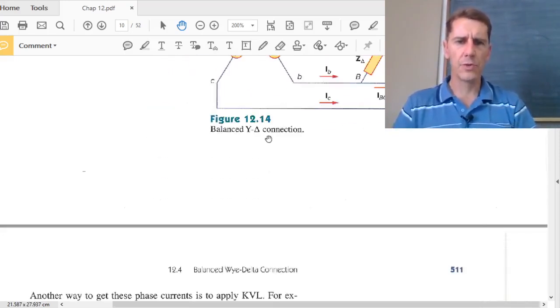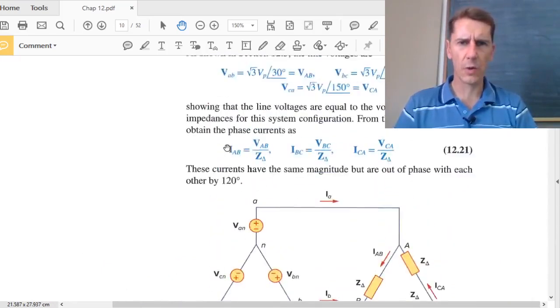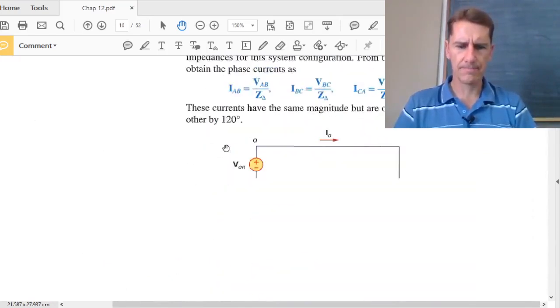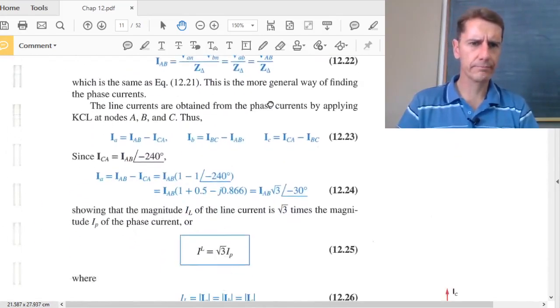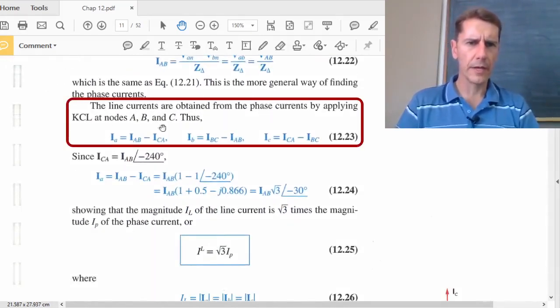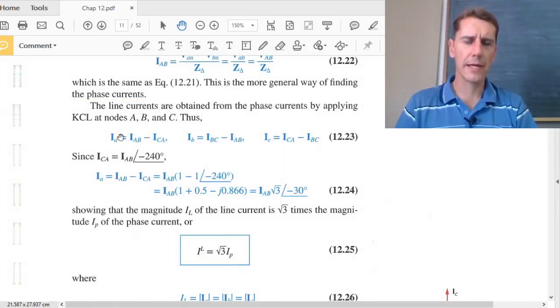We're going to do that through a KCL, and the textbook does it the same way. Here we go: the line currents are obtained from the phase currents, delta currents, by applying KCL.